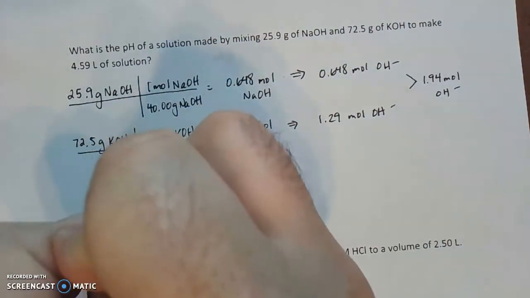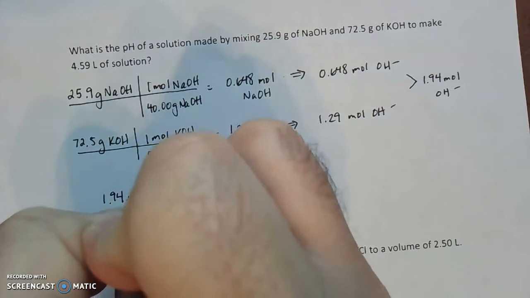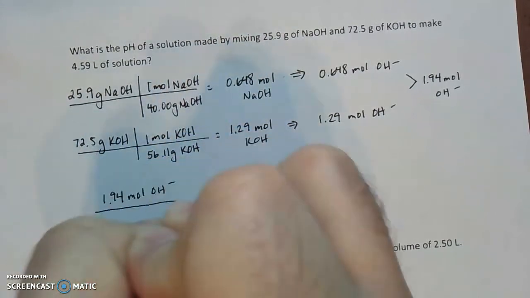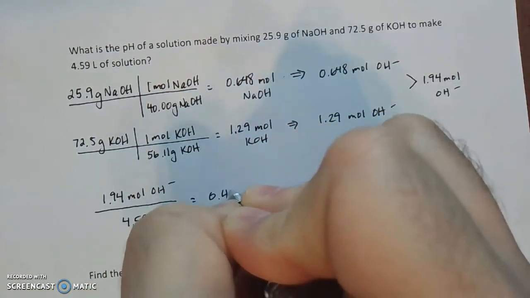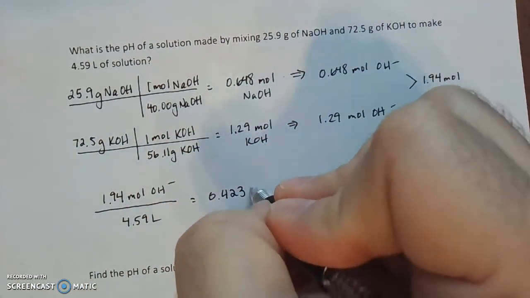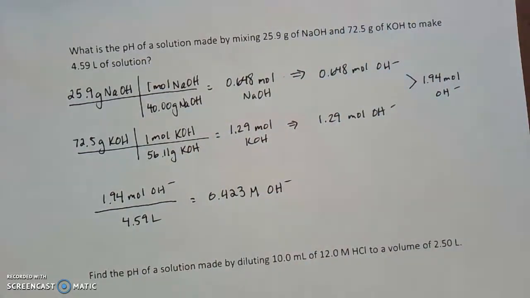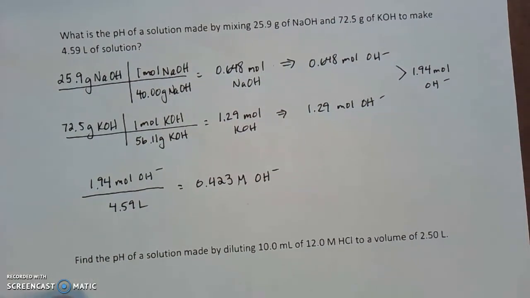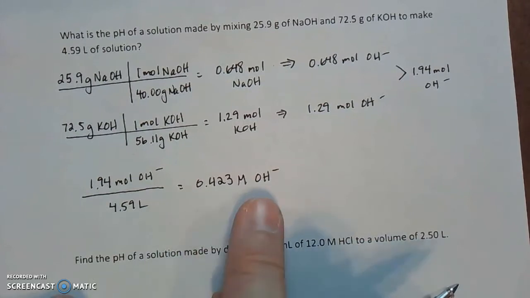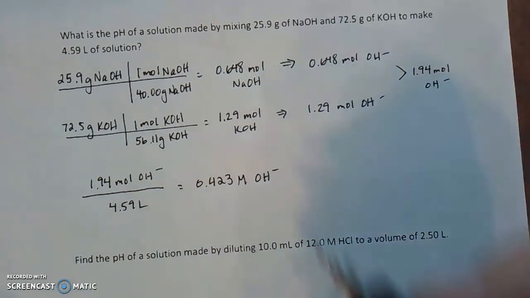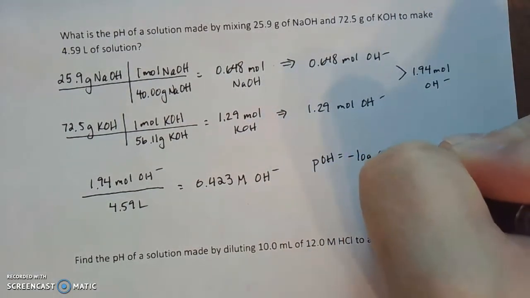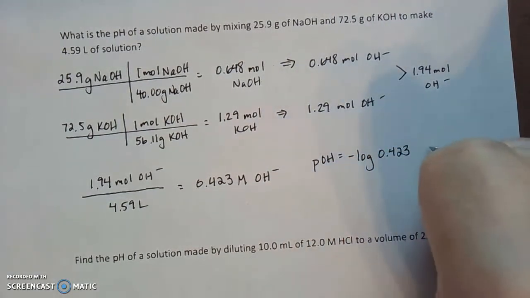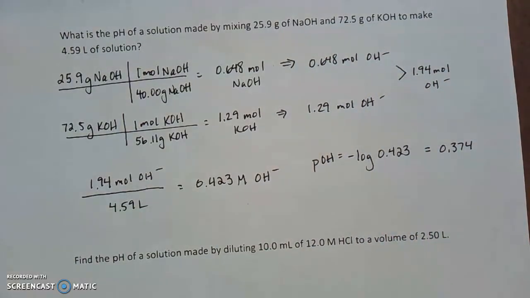So now we can calculate the molarity. 1.95 moles of OH minus are going to be in the 4.59 liters, which gives us 0.423 molar OH minus. So now we can use one of our equations for pOH. pOH is equal to the negative log of our OH minus concentration, which is 0.423, giving 0.374.